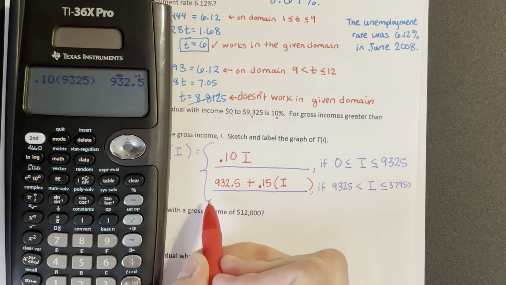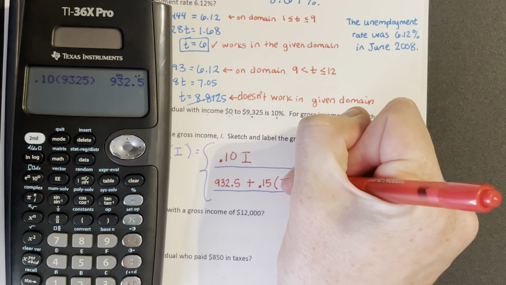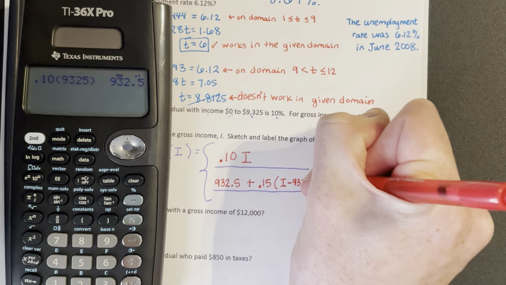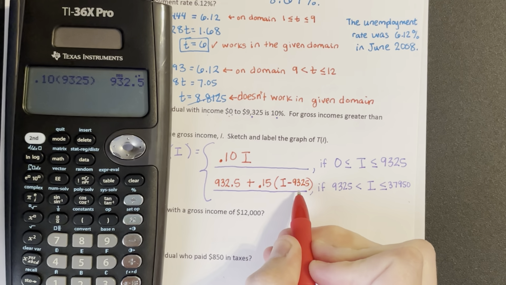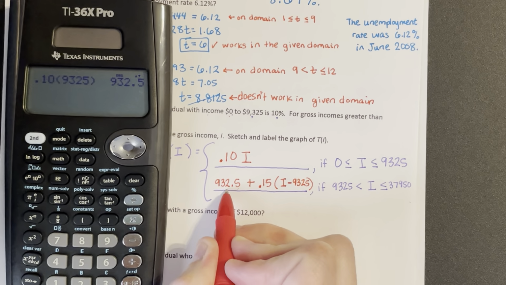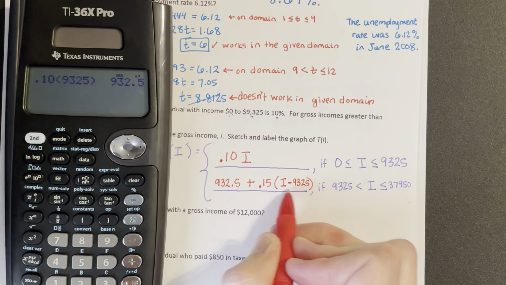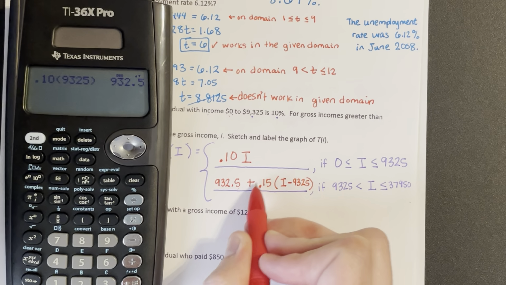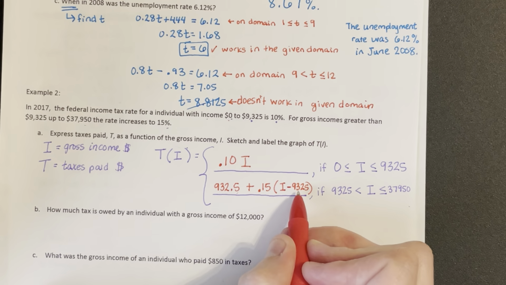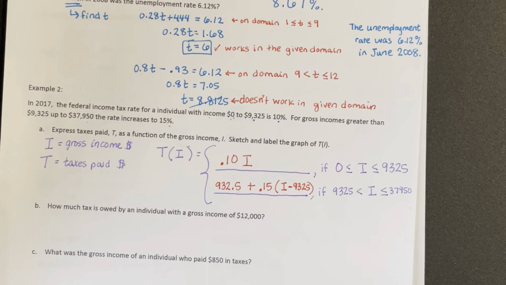We don't want to take more taxes. I only want to take the income over 9,325. So I'm going to subtract out the 9,325 because I've already paid taxes on that. Plus whatever's over is taxed at 15%. So that I think is the hardest one because you do have to subtract out the pieces.